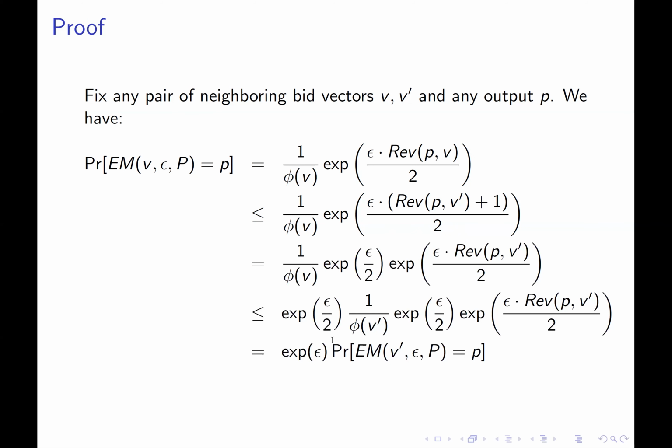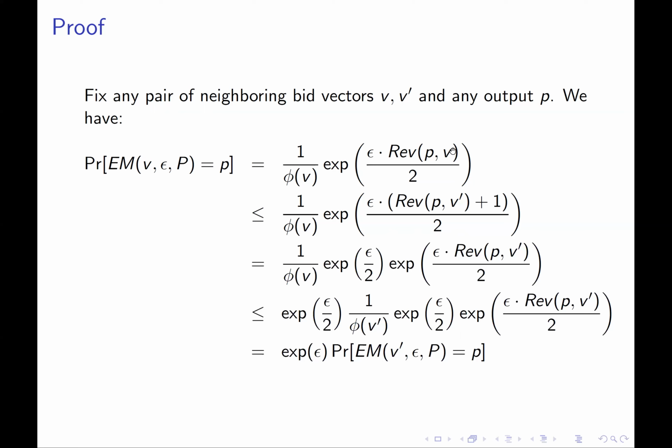Okay, so that establishes that the exponential mechanism is differentially private, sort of by construction. I mean, we designed this distribution exactly to satisfy the differential privacy condition whenever revenue was low sensitivity in the reported bids.